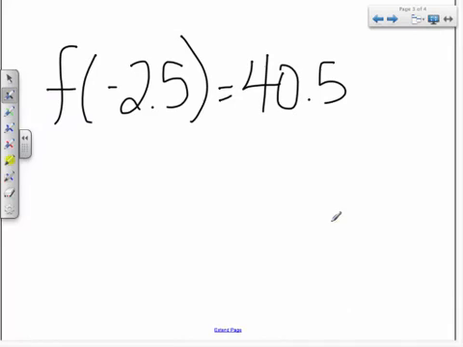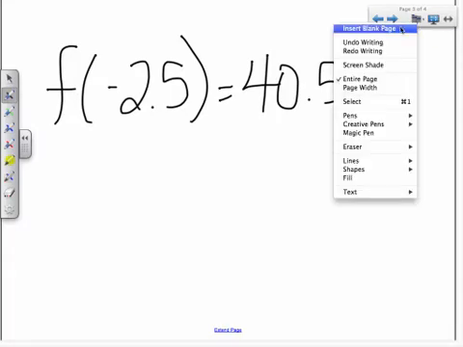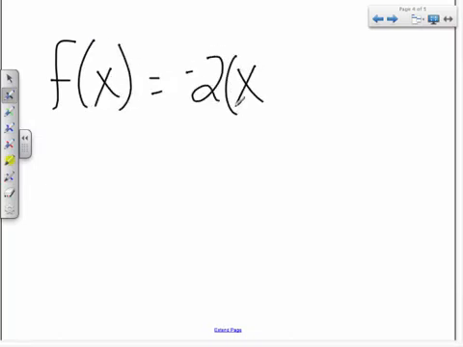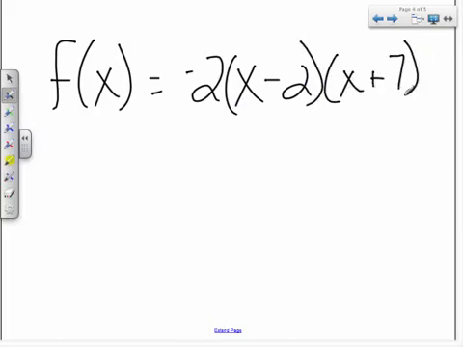So I'm going to take f of x, and I'm going to figure out what it really is. So f of x is equal to negative 2 times (x minus 2) times (x plus 7). And then I'm just going to go ahead and distribute the x minus 2.